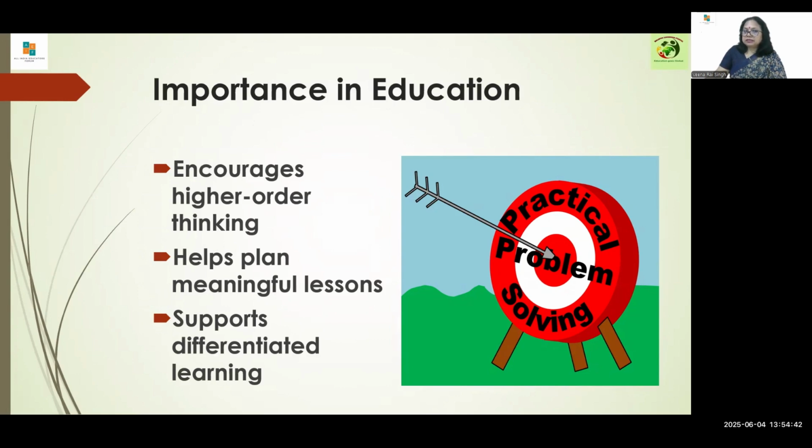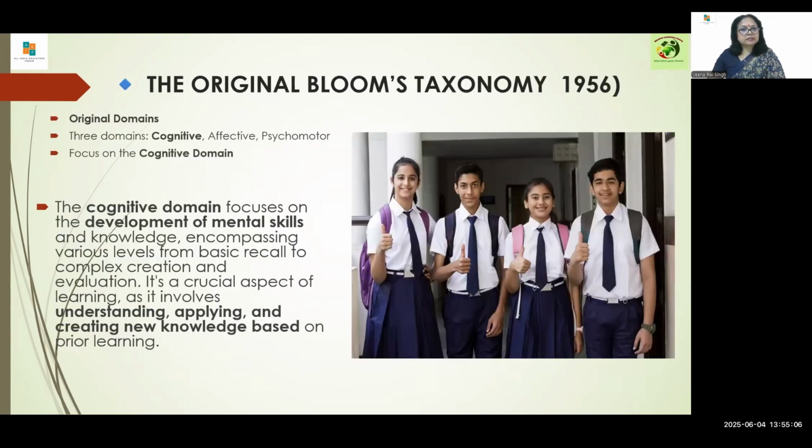It also helps us prepare meaningful lessons as teacher facilitators. This also supports differentiated learning. Now, what is this differentiated learning? We are going to understand in further slides.